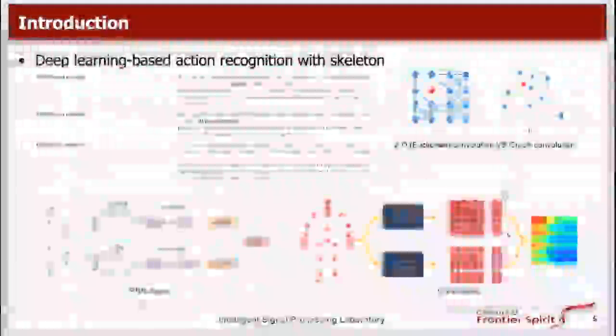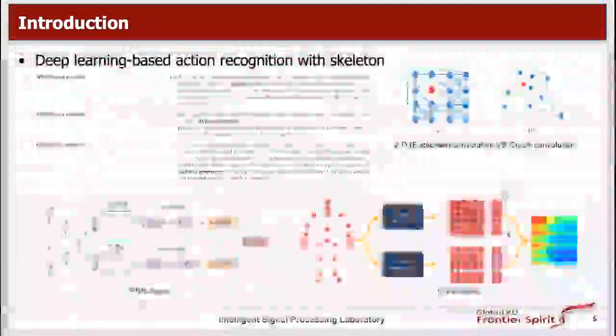However, despite the promising results of the RNN-based and CNN-based methods, they still have some limitations in learning the features of the human body, because the skeleton is naturally structured as a graph in non-Euclidean space. The RNN and the CNN can't learn the features very well.